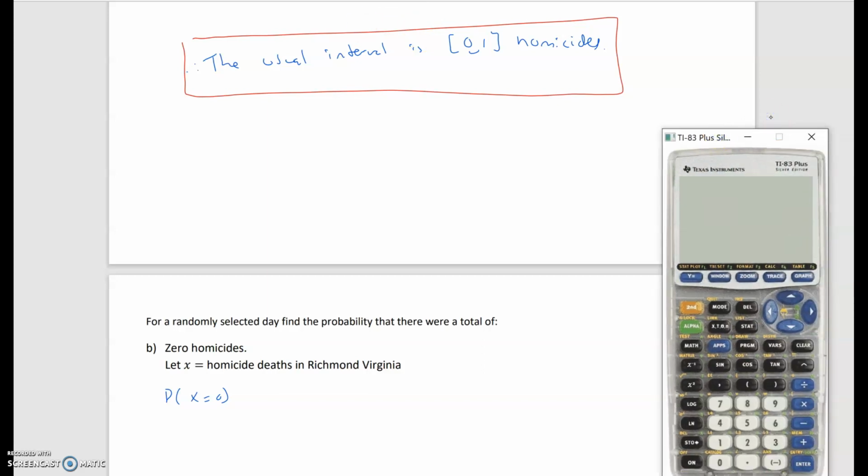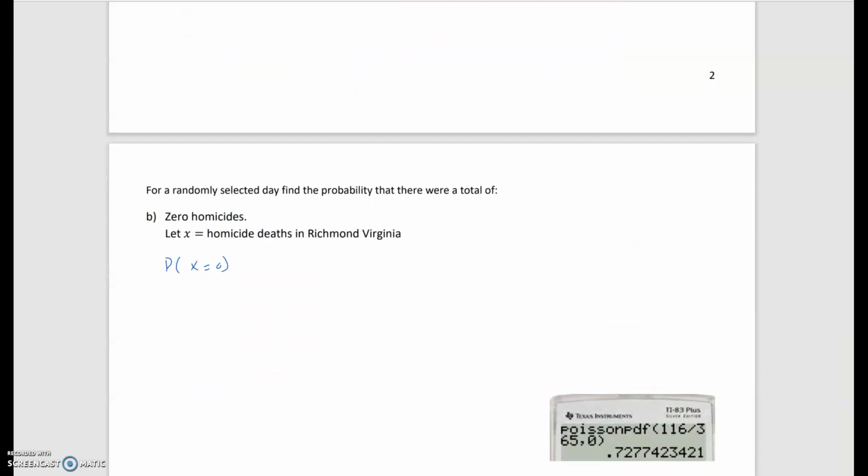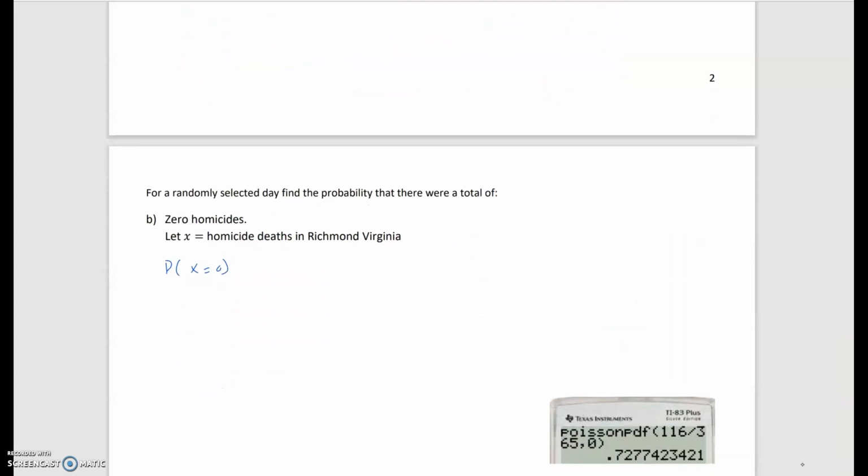We're going to be using the Poisson PDF. The mean is 116 divided by 365, and we're doing a total of 0. In this case, we're looking at approximately 0.7277.